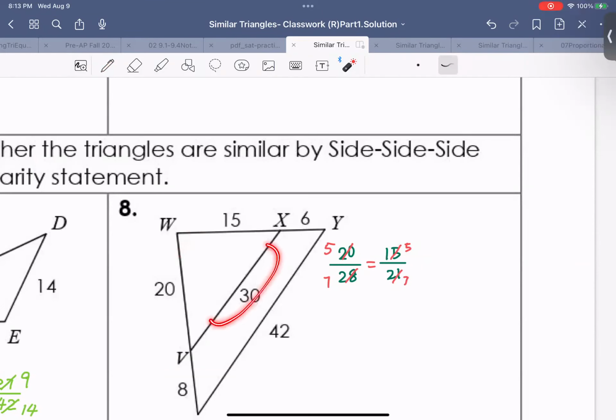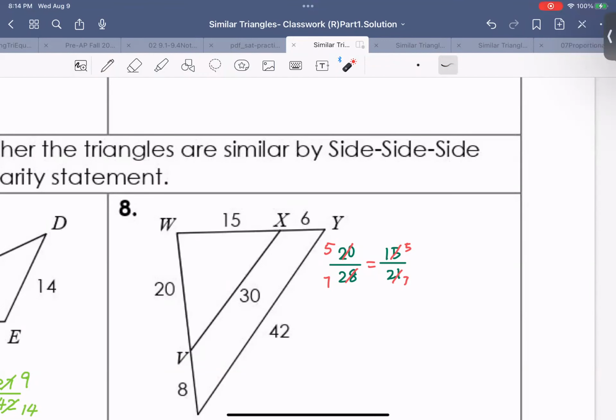Do I need to check this? If these two have the same angle between, and you check this over here, you can support this as similar already. You don't need to compare. But if you are curious, you check. It doesn't hurt. This one divided by 3 is 5, divided by 3 is 7. Makes sense.